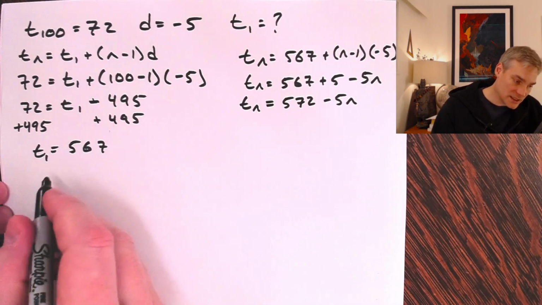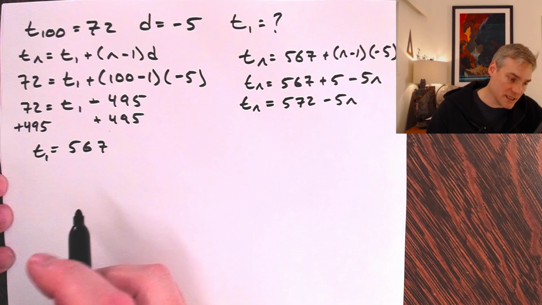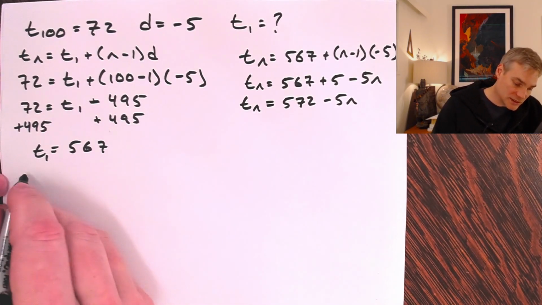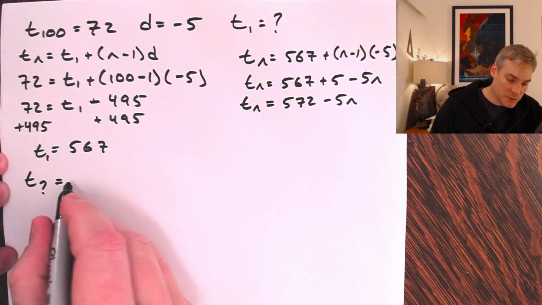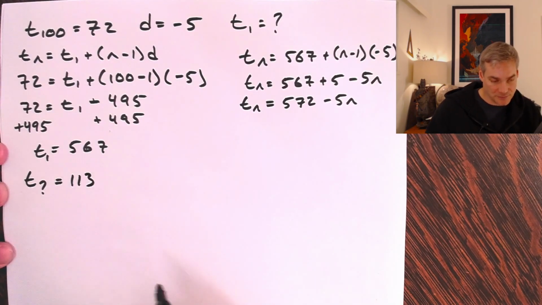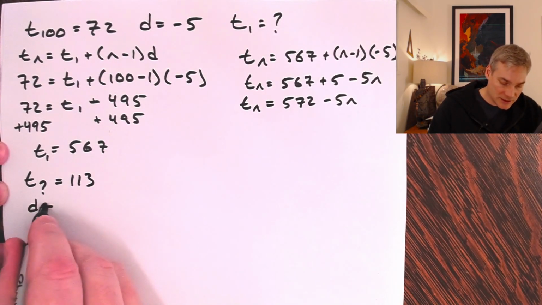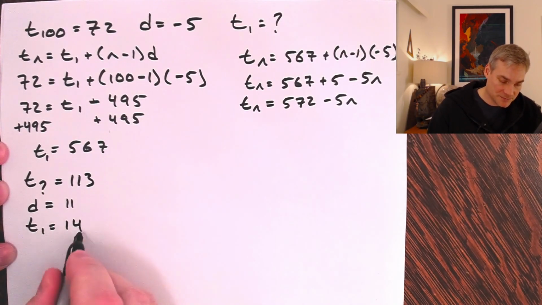Okay, let's say I don't know what my unknown is. So let's say I don't know what n is, but I know that t of some number equals 113. And I know that the difference is 11, and my t1 is 14.